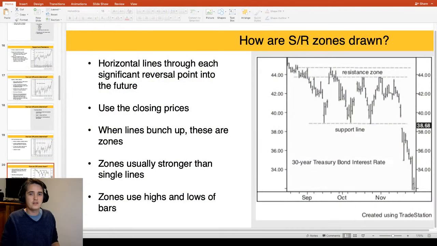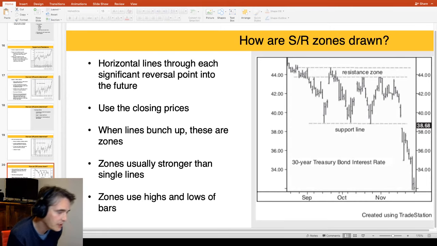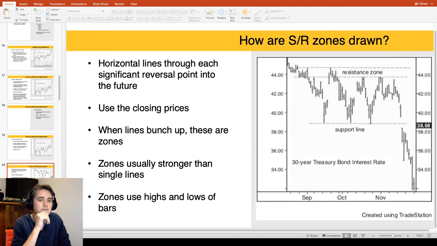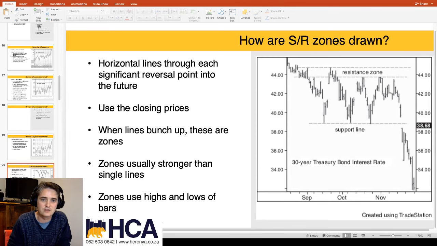So then, how are these support and resistance zones, or levels, drawn? I should put in a general definition here. A support and resistance zone and a support and resistance level are much the same. We are often inclined to draw them as a straight line through these numbers, and if it doesn't line up absolutely perfectly, then it's invalidated, and that is not true.